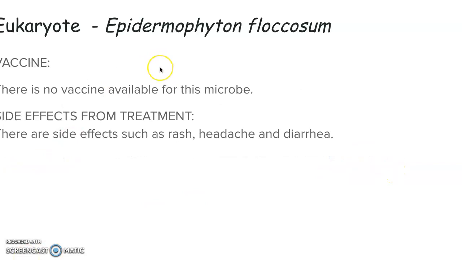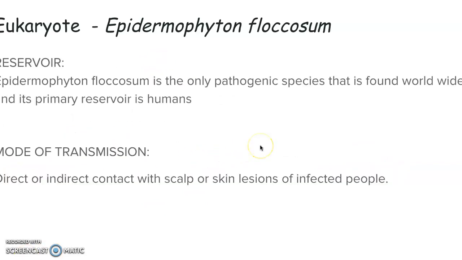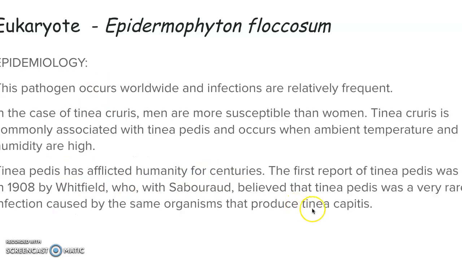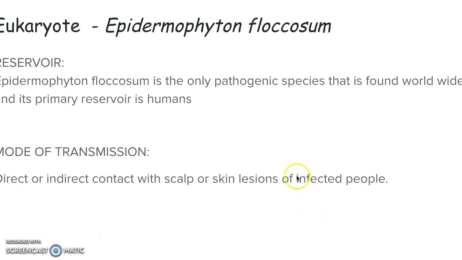There are no vaccines for this microbe, but the side effects for the treatment are rash, headache, and diarrhea. The reservoir, which is the host, is primarily humans, and the mode of transmission is direct or indirect contact with scalp or skin lesions of infected people. The primary host is humans, but I know it could also infect animals.